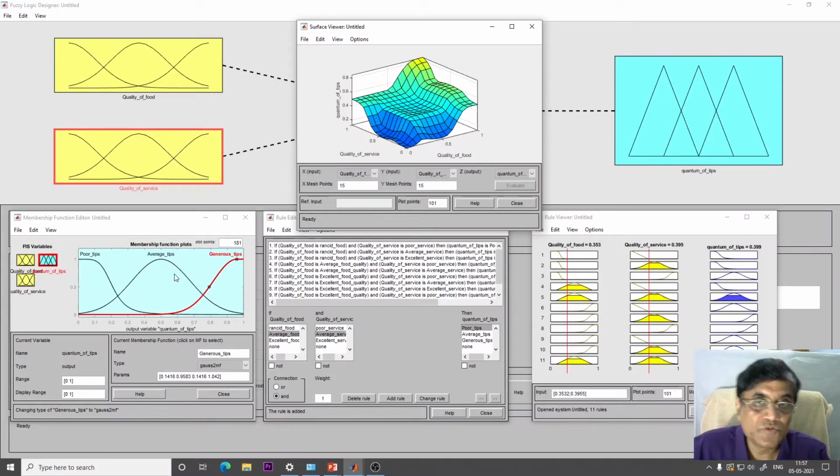And even you should also redesign the membership functions. You can go and select a different kind of membership function till you are satisfied that the quality of my design is good.